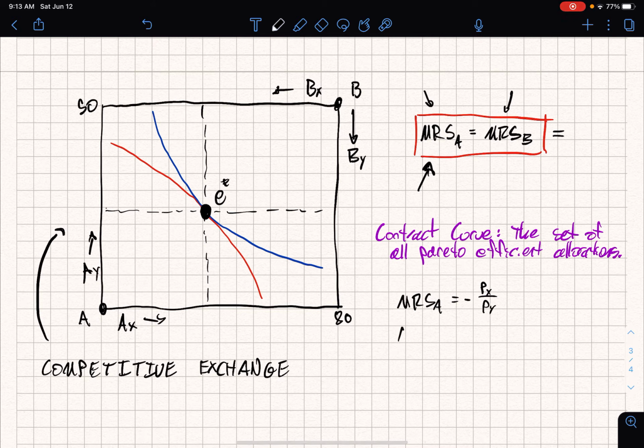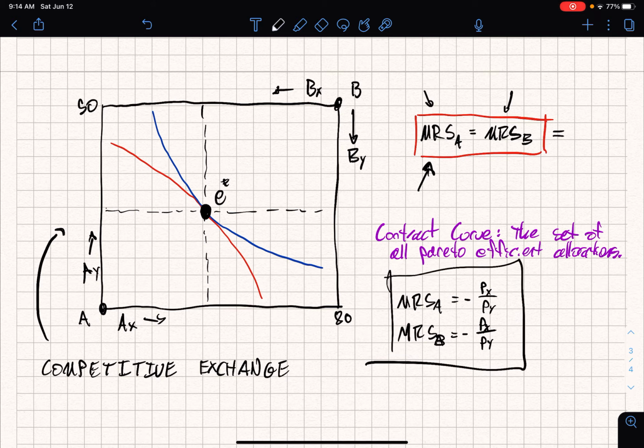And for Bea, her problem is solved with a similar relationship here. So mathematically, we know these are all equal.